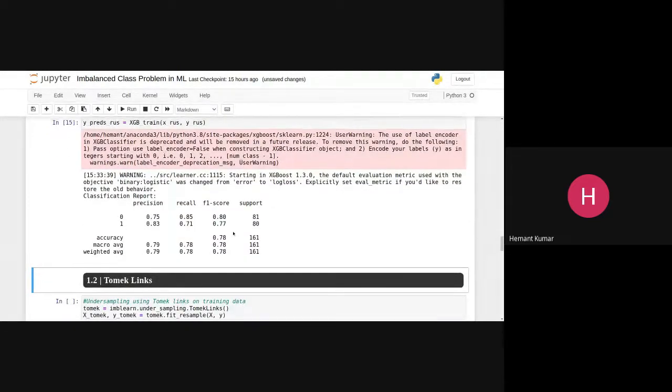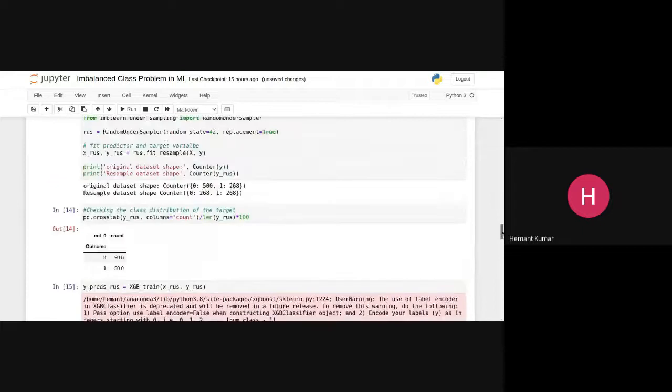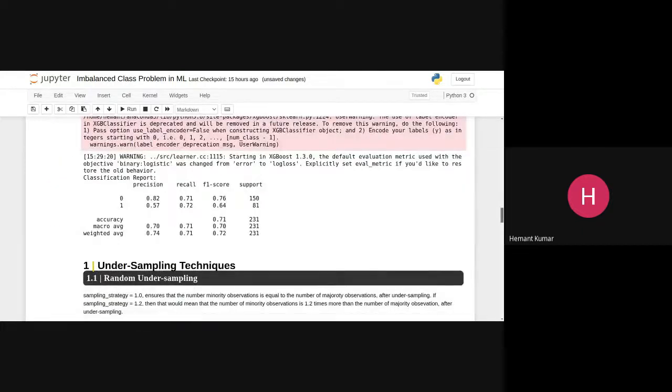Just wait, I have a screenshot for comparing.